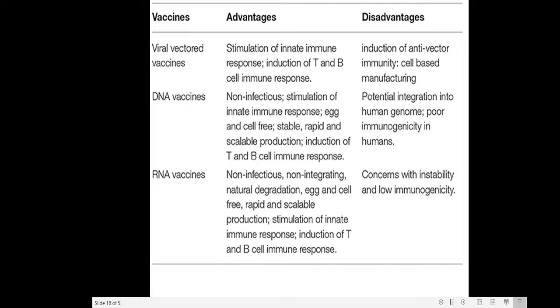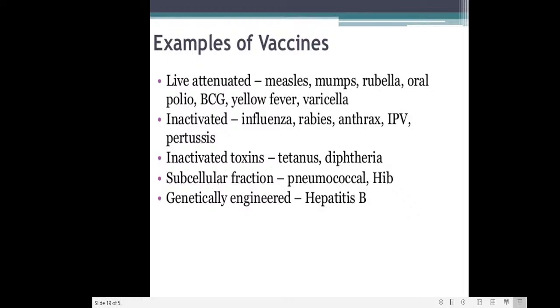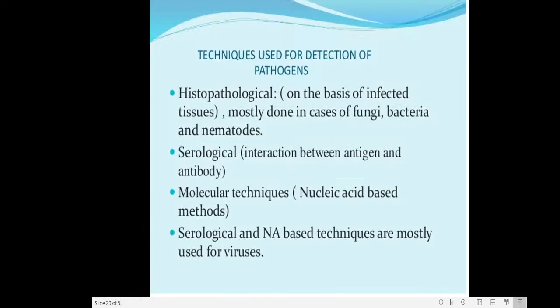After RNA vaccine injection it makes some response in the human body, and after a particular period it automatically degrades. The concerns are instability and low immunogenicity, because after a small period it is automatically removed. These are all the examples we discussed in the previous slide.